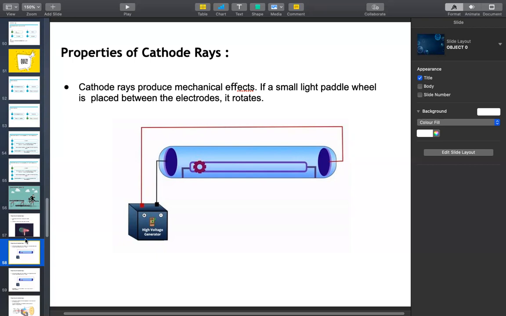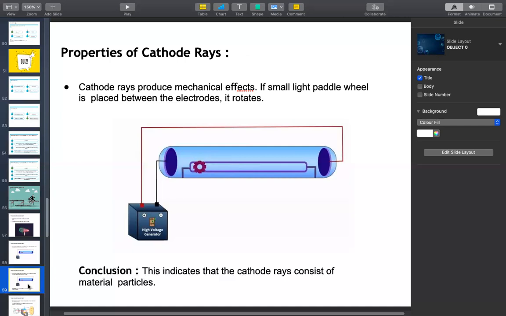So cathode rays produce a mechanical effect on a small paddle placed between the electrodes. Which paddle? This paddle. Got it? You can write it fast. Done.